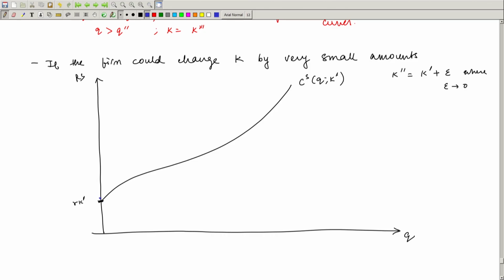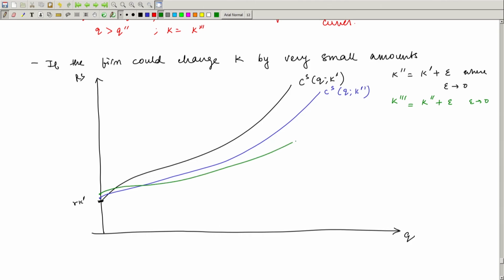So, I am going to get a blue curve which is going to be a lot flatter than the black curve. Then I am going to have a k triple prime, let us say, which is k double prime plus epsilon, where the epsilon is tending to 0. So, now I am going to get another short run cost curve which also is going to be flatter than the blue curve.